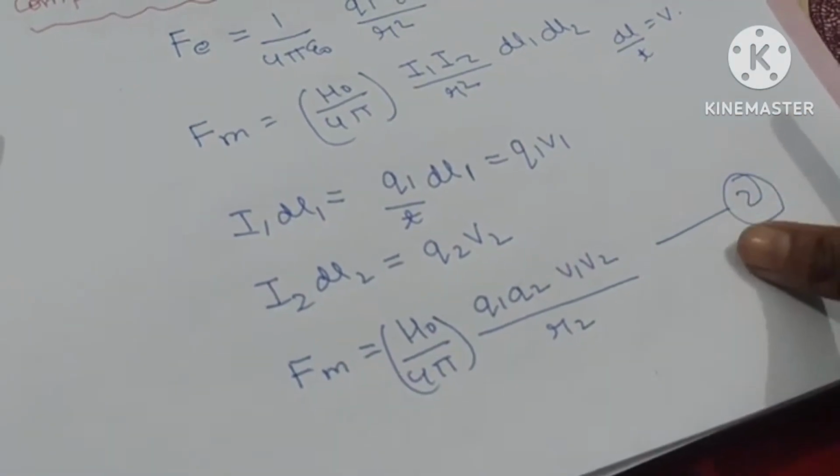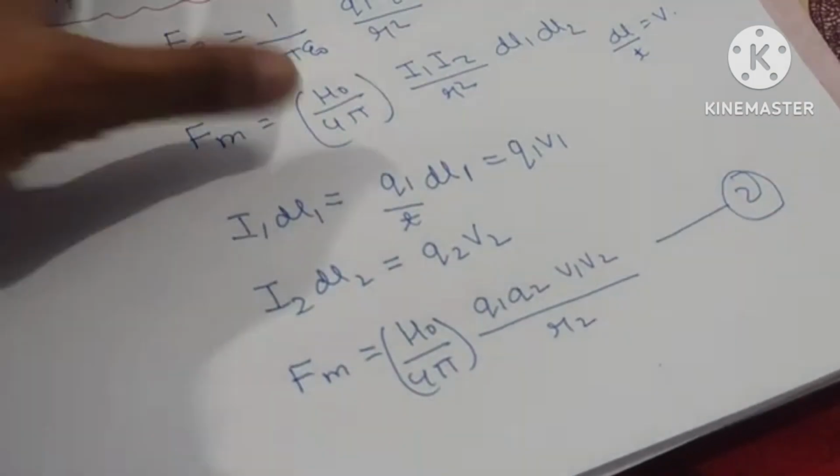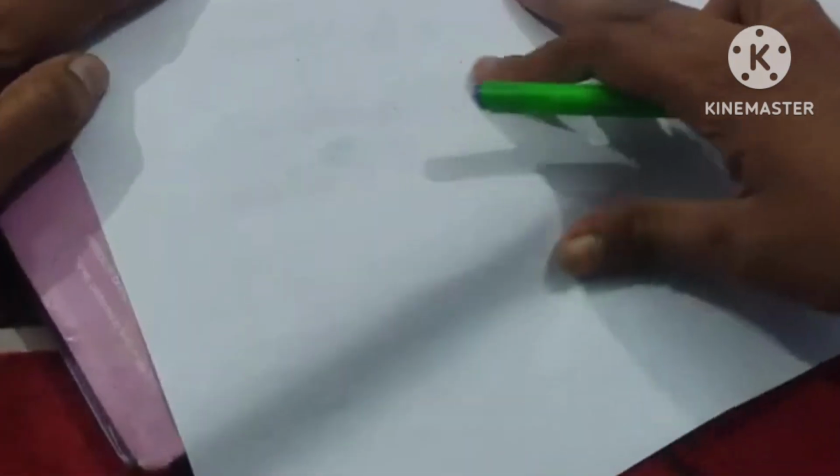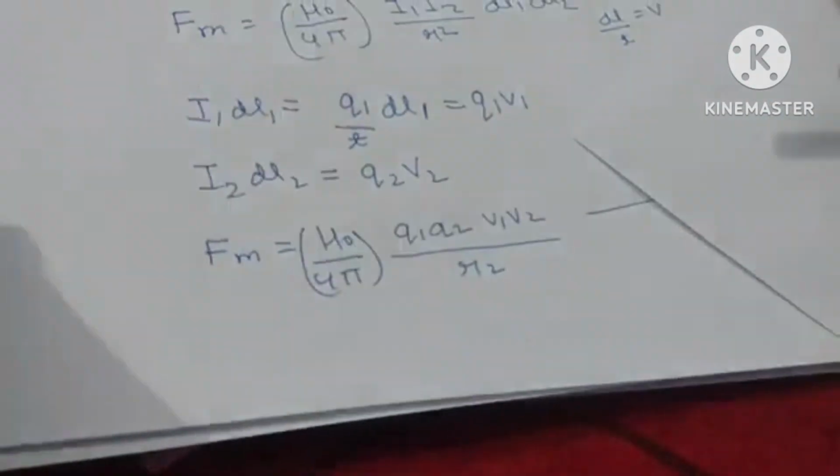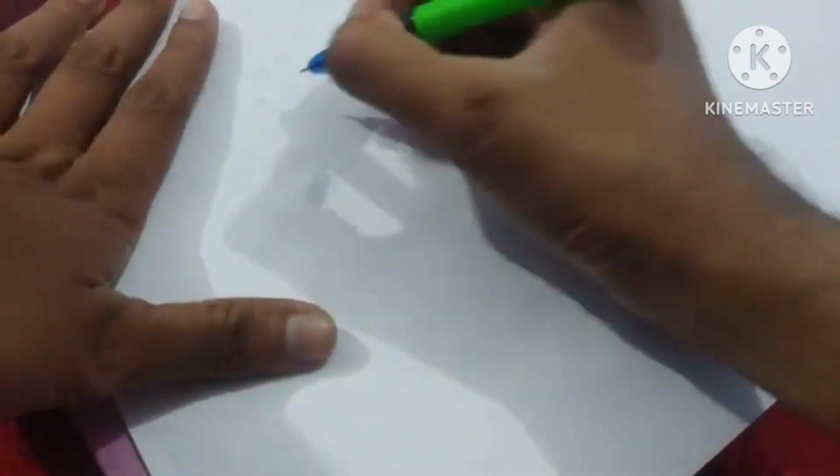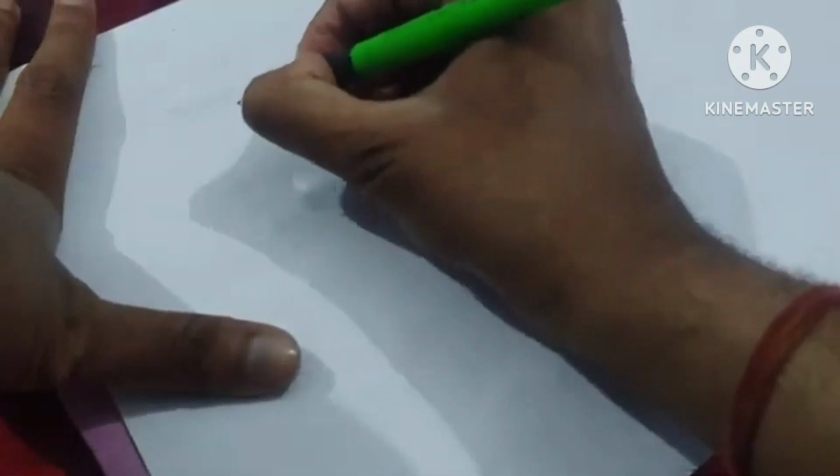Now you need to do the division. So we'll divide Fe by Fm.